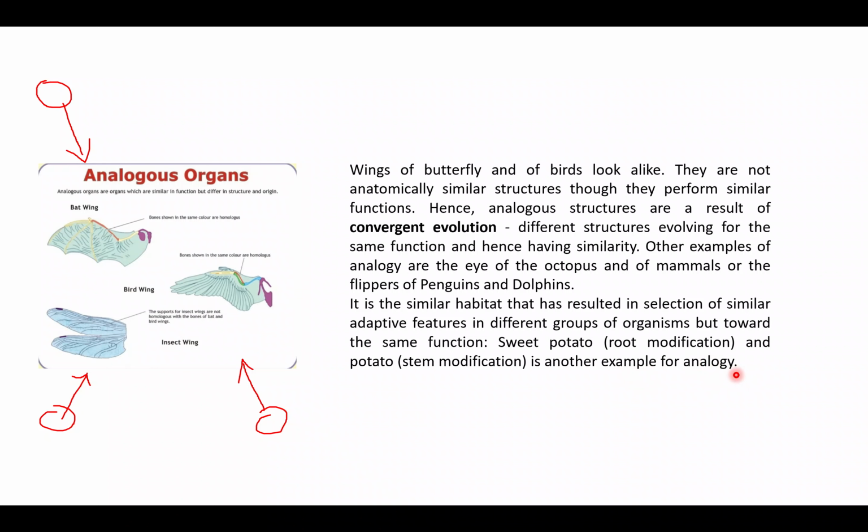Okay, I hope this concept is clear to you all. Homologous organs and analogous organs. Homologous is associated with divergent evolution. Analogous organ is associated with convergent evolution. Okay. Any questions?